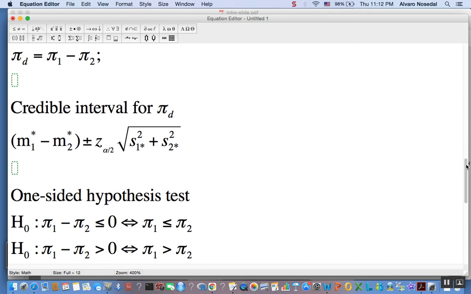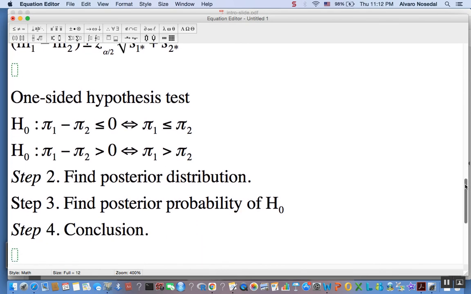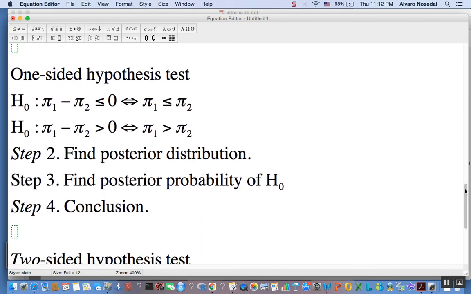If we want to carry out a hypothesis test, it's similar to what you have done with one single parameter. You state your hypothesis. If it's a one-sided hypothesis, no problem. At some point, on step number 3, you will find the posterior probability of H0. If it's small, then you'll reject.